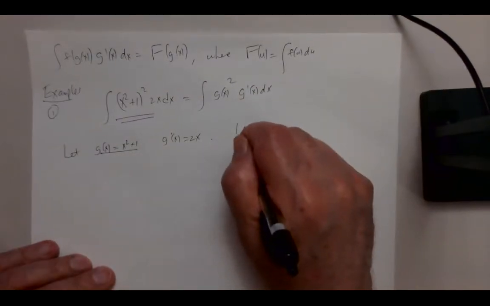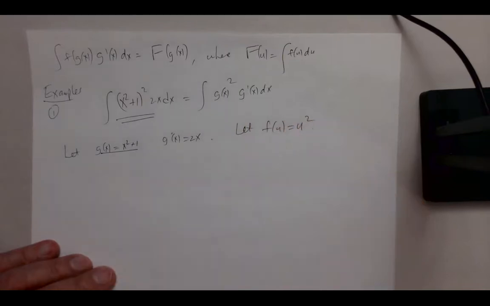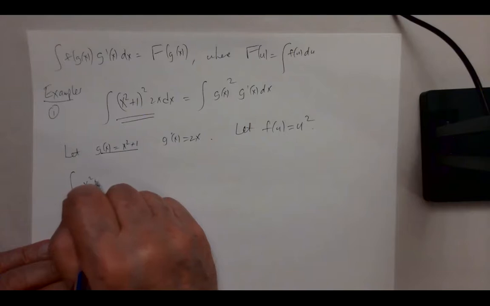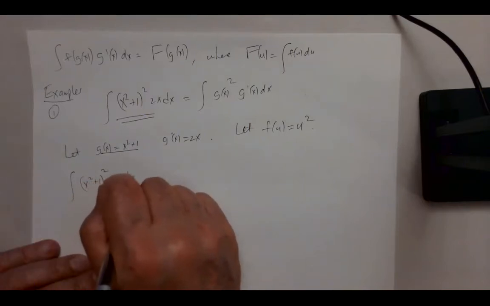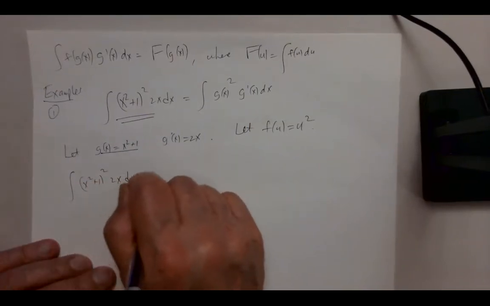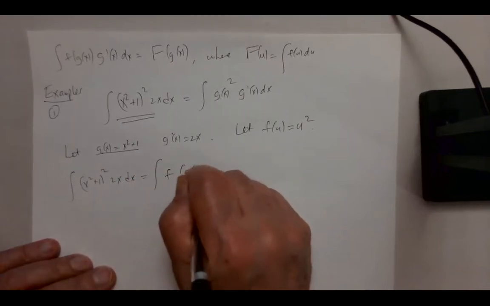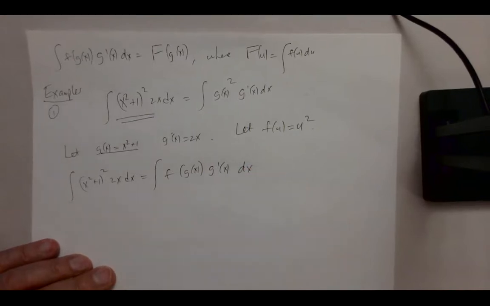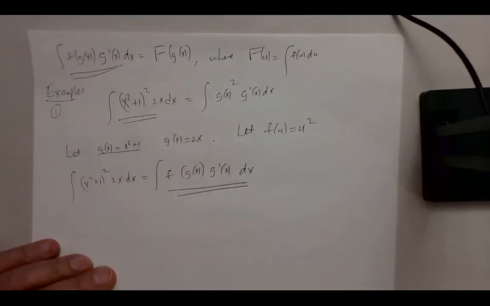Suppose we let f of u be the function u squared. Then the integral of (x squared plus 1) squared 2x dx would be the integral of f of g of x, g prime of x dx. And now this is exactly in this form.